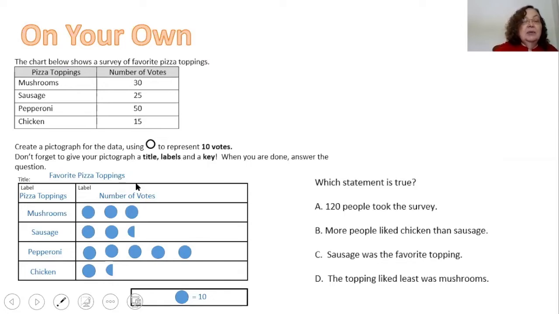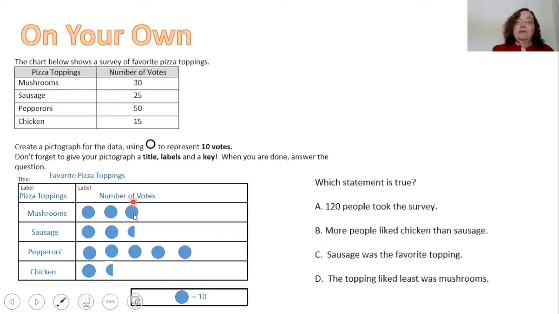I had to label pizza toppings and number of votes. And then I had to put in a circle. Each circle represented 10 votes. So for mushrooms, where I see 30 up here, I counted 10, 20, 30. And so you see how I have mine done, and yours should be something like that.